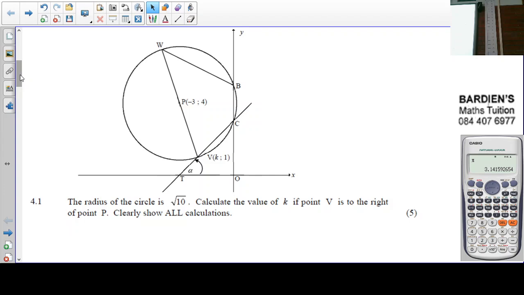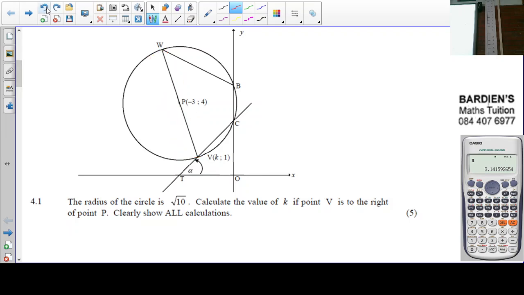Okay. So in 4.1 we are told the radius of the circle is root 10. So the radius is root 10, and your diameter of course is going to be 2 root 10.